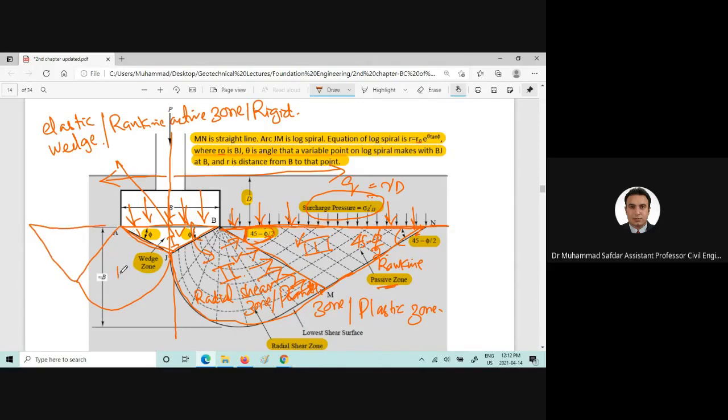Here this will be zone 2, this is zone 1, and this is zone 3. This is the elastic wedge, the rigid wedge, which is in active state, which will move with the foundation. This is the plastic zone here, which is also known as the radial shear zone, and here it is the Rankine passive zone.